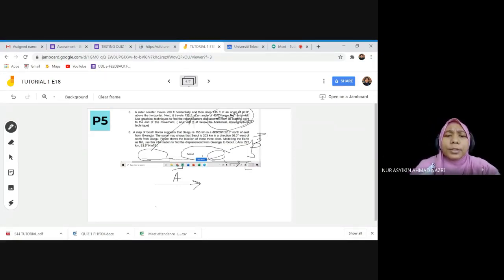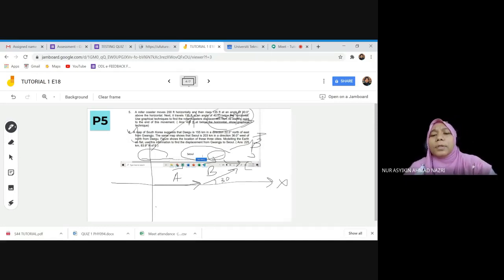So let's say this is your XY plane. So this is X, this is Y. So 30 degree above, so this is your vector B. Label 30 degree. Okay, and then your vector C, 40 degree below.